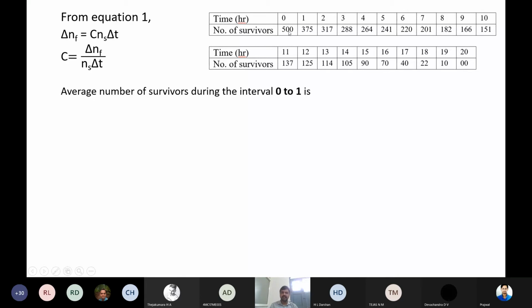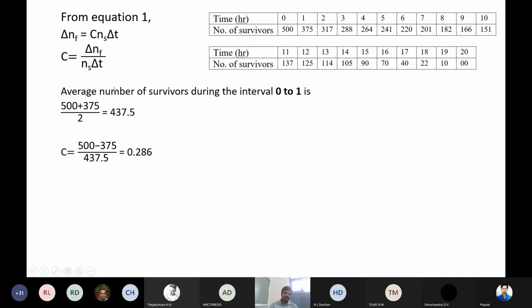We know the number of survivors at time 0 and at time 1, but we have to find the average number of survivors during the interval 0 to 1. That means we add 500 and 375 and divide by 2. So (500 plus 375) by 2 gives 437.5, the average number of survivors during the time interval 0 to 1.